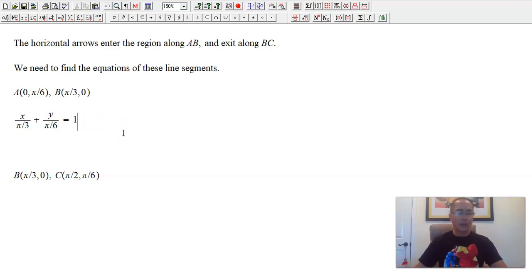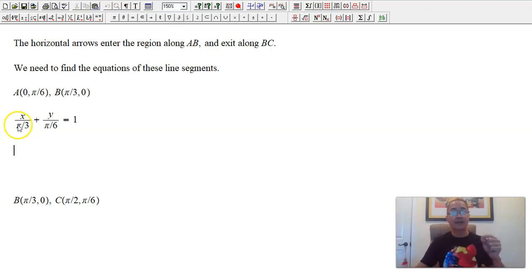So what do we have to do? We're doing a type 2. So we need an x equals a function of y on the left and x equals a function of y on the right. We're doing the left. The entry point is on the left edge. So we need to solve for x in terms of y.